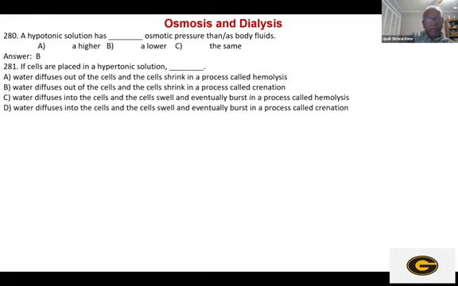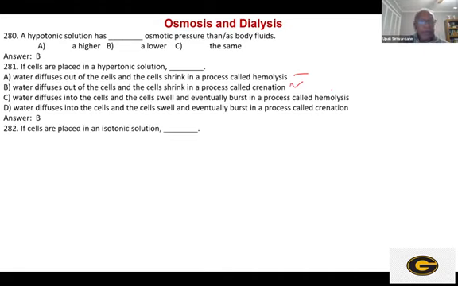Water diffuses out of the cells, this is the correct answer. Hemolysis is when you put cells in a hypotonic solution. C and D are not correct. B is hemolysis when the cells are put in hypotonic solution.